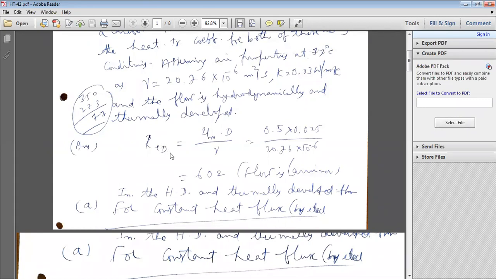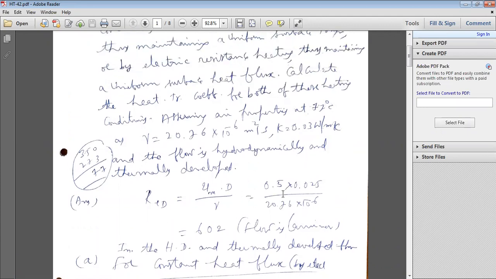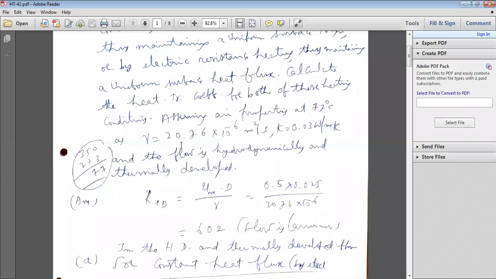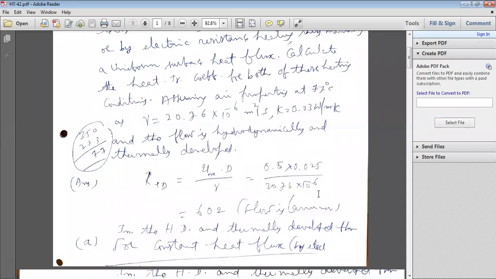Reynolds number for a given diameter D is equal to velocity into diameter divided by kinematic viscosity. That is equal to the velocity of the air, given as 0.5, times the diameter of the tube, given as 0.025, divided by the kinematic viscosity, which is given in the problem or otherwise taken from the tables of properties of air: 20.76 times 10 power minus 6.